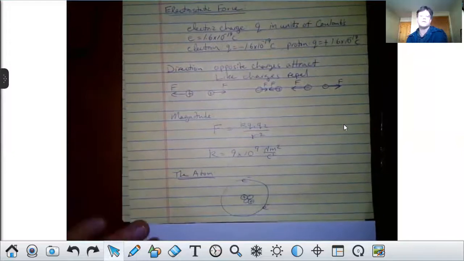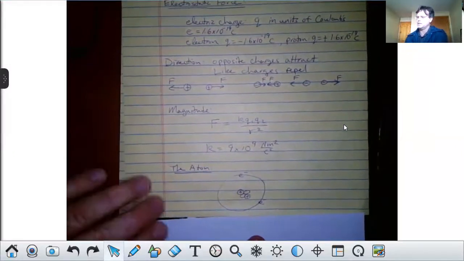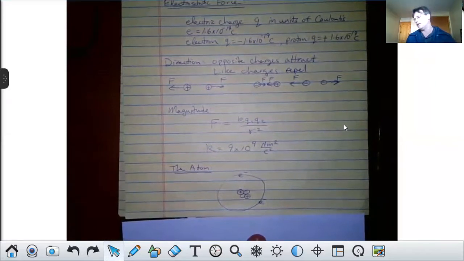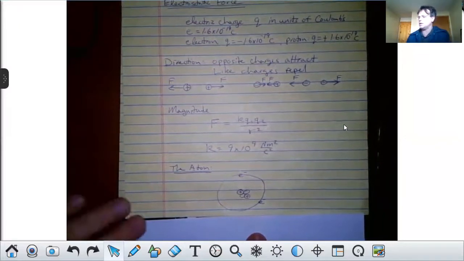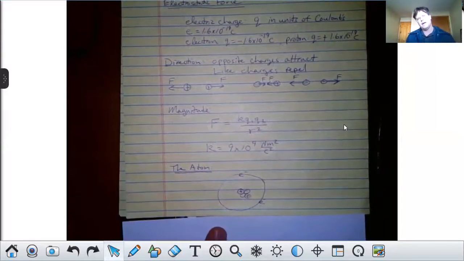But let's talk a little bit about where we find charges. For example, the atom. Nowadays, we know that the atom consists of fundamental particles called electrons, protons, and neutral particles called neutrons. Back in the days when people were first studying this, and Coulomb actually did his experiments in, I think, the late 1700s, people did not even know atoms existed.